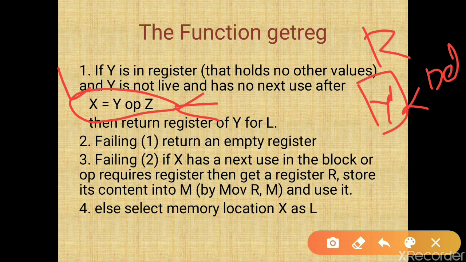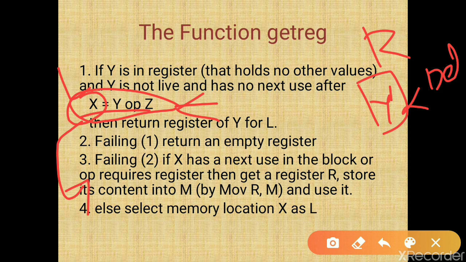Return the empty register. And if returning an empty register fails, what will happen? If x has a next use, in the operation x equal to y op z, x is having further use, that means in further computations I am using the value x in the block, or op requires a register, then get a register R, store its content into M and use it.